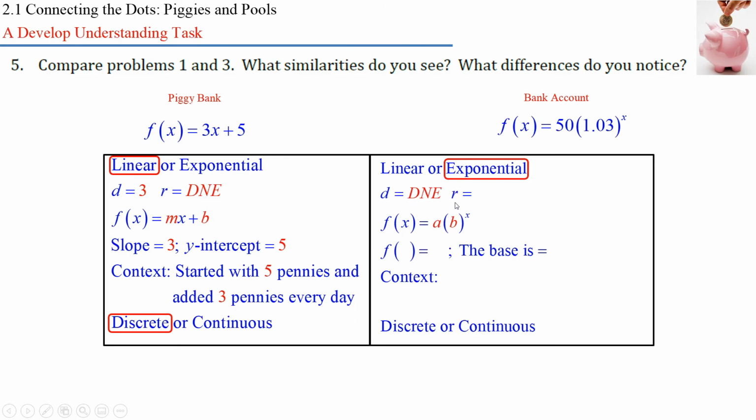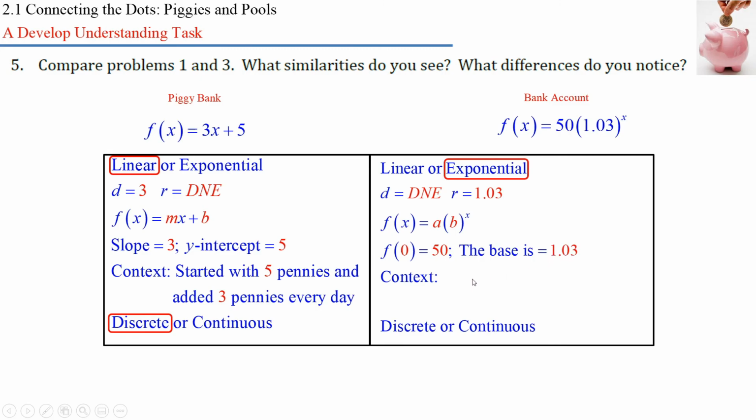Does not exist. But I do have a common ratio. And what is the common ratio? The base, 1.03. All right. And then f of, well, where do we start here? That's an x, so I'm starting with a 0. And f of 0 equals, what did we start with? $50. And the base is the same thing as my common ratio, 1.03, the base of the exponential.